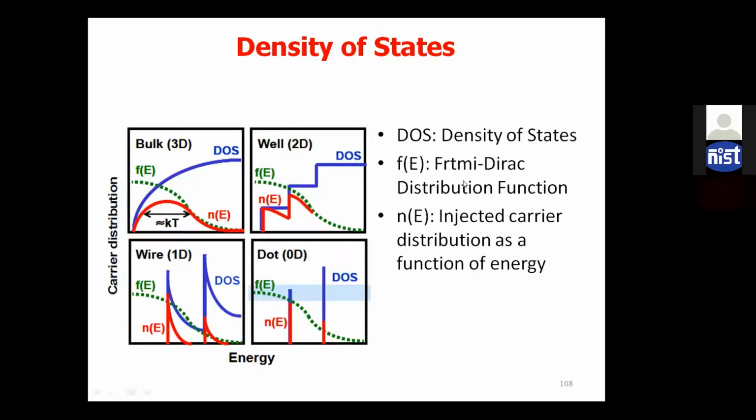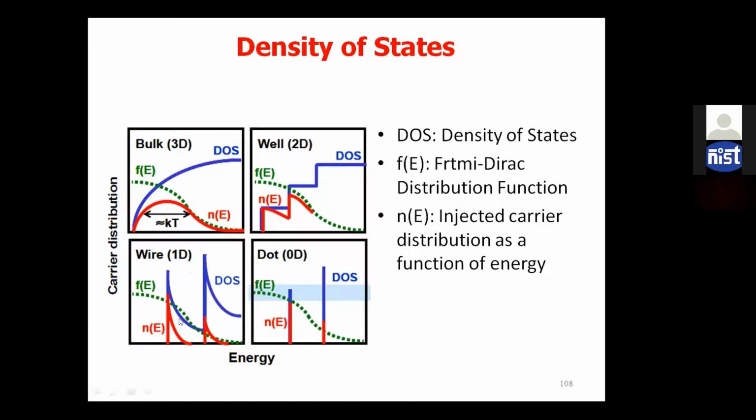Then another one, as in the last class I already told, you can get the idea about the Fermi Dirac distribution function, which will give you the probability of occupancy. So here, in case of bulk, the density of states, in case of a quantum well, is just like a step function due to the theta function, the Heaviside step function.